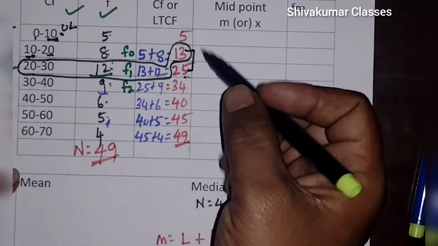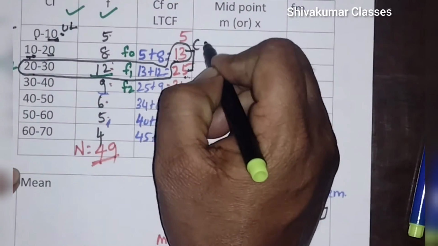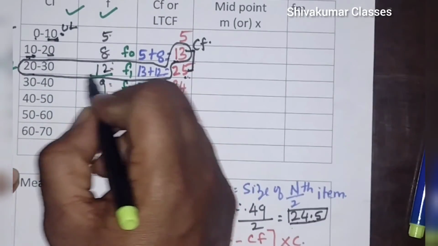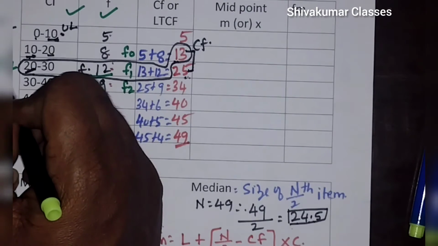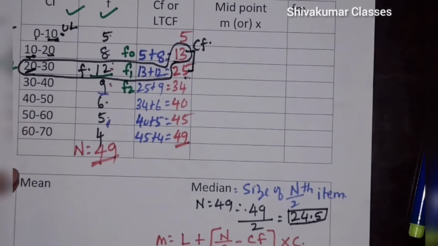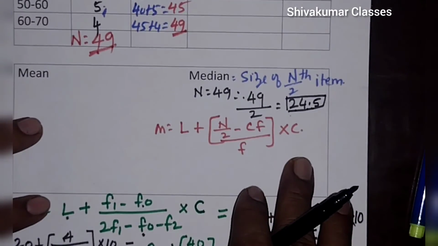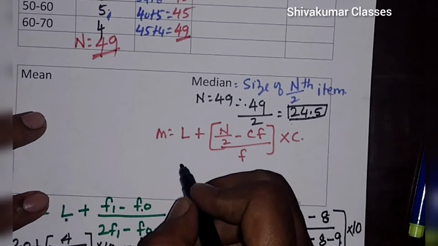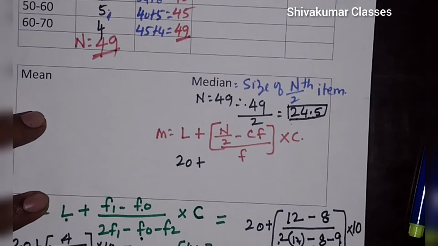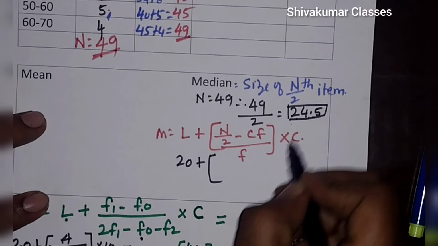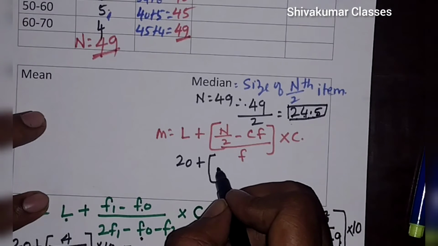The 13 is called the CF, the 12 is called the F, and the 20 is called the L, based on the formula. So L is 20 plus n by 2, which I calculated already, 24.5.